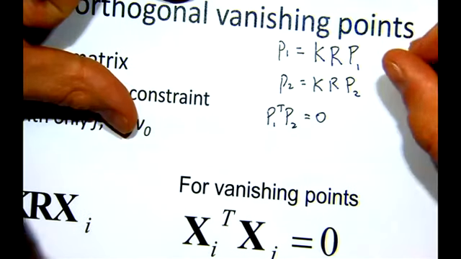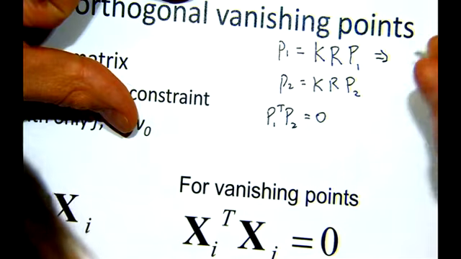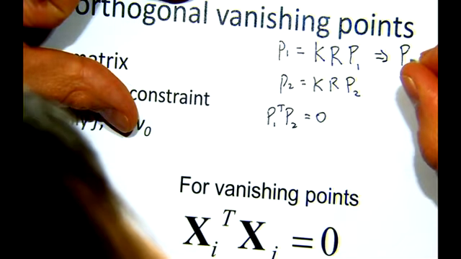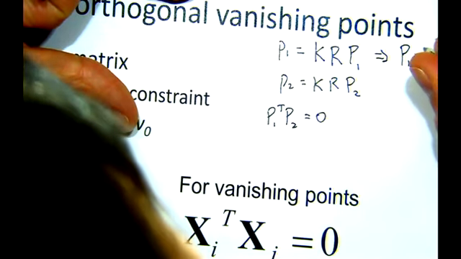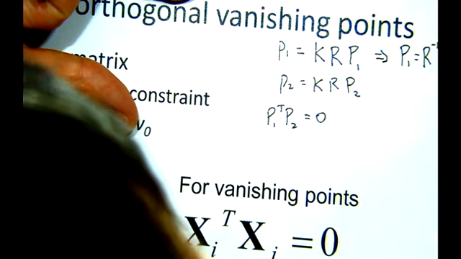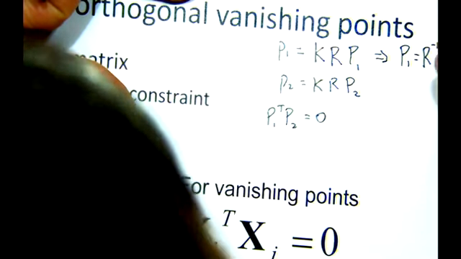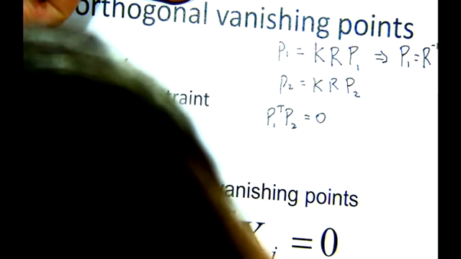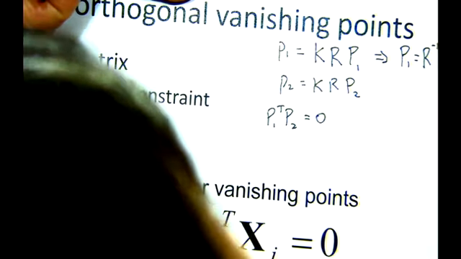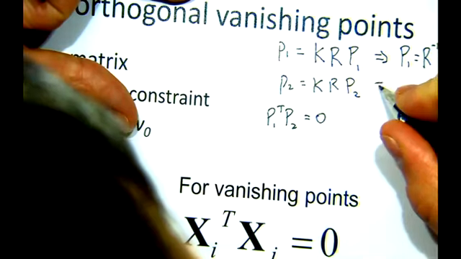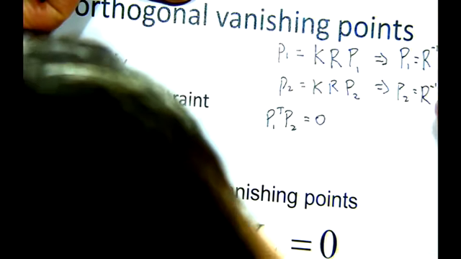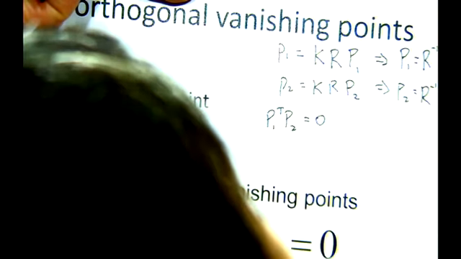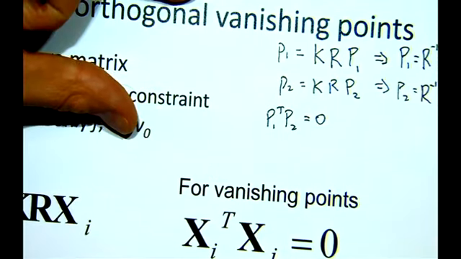This gives me that P1 equals R inverse K inverse little p1, and P2 equals R inverse K inverse little p2. These R's and K's are the same because it's the same image.